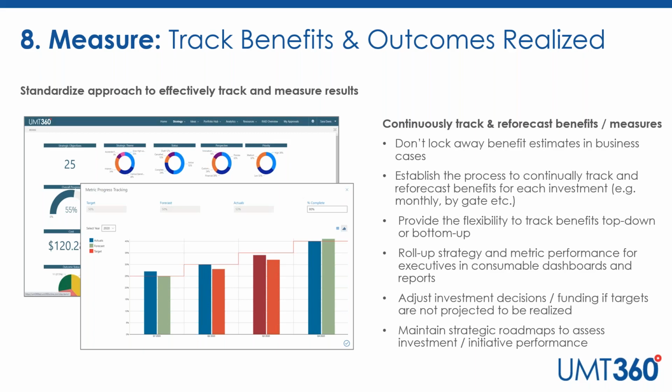And if we follow that step of building that business case, whether it's a lightweight one-pager or a more robust business case, depending on the investment philosophy we're following, we have all the information to be able to do that, from the strategy and the supporting metrics where we've been setting the targets, assessing whether we're going to realize those targets based on the current forecast, but also tracking actuals to say, did we actually realize that throughout the life of the initiative?